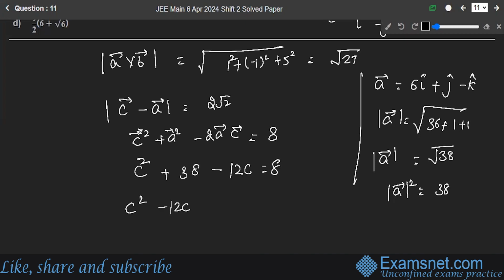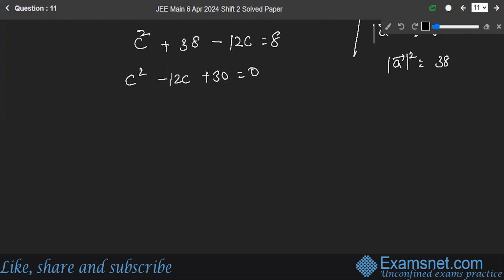c squared minus 12c plus 30 is equal to 0. Applying the quadratic formula, c is equal to 12 plus minus root of b squared, 144 minus 120, divided by 2.